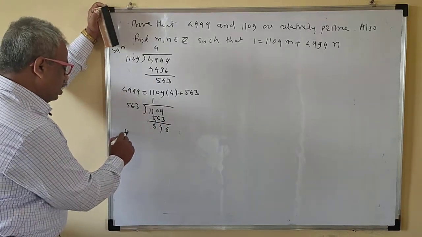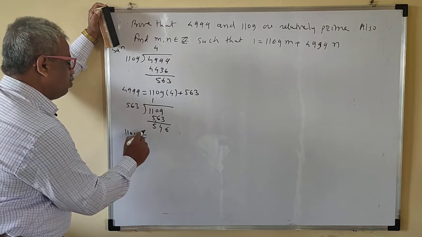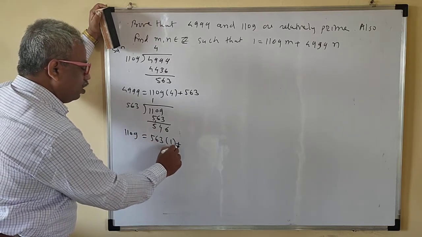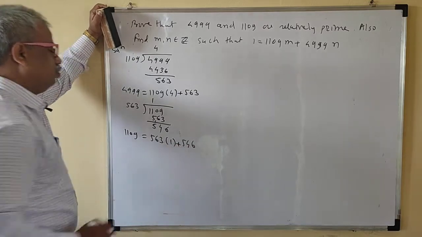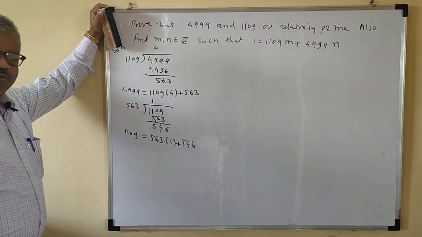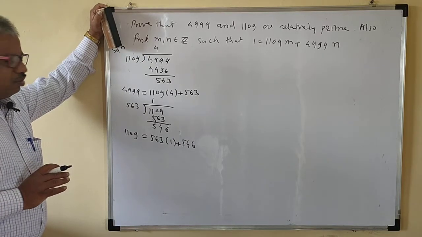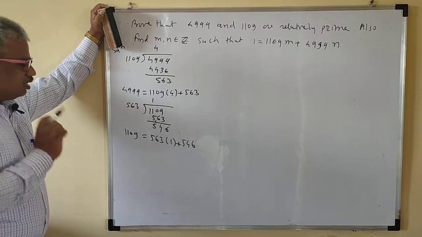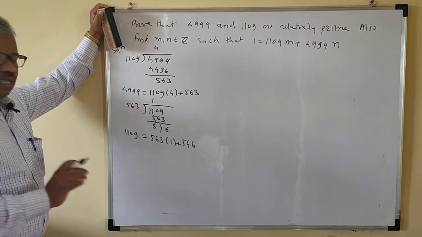So we write 1109 is equal to 563 into 1 plus 546. If you made a mistake somewhere, the whole problem will be wrong now. So do this addition, subtraction, multiplication carefully.